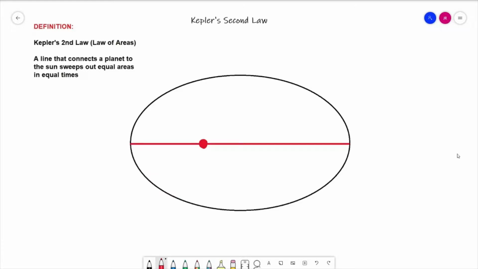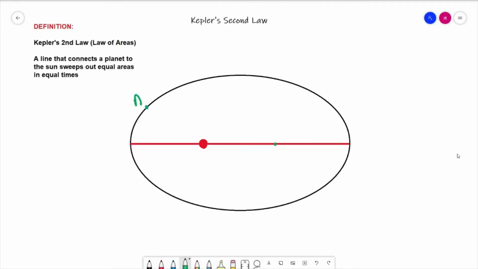So here now, just to bring the first law forward, here's our ellipse. I've only drawn the major axis in, but I've put the Sun at one focus. The other focal point would be probably about there, but we don't necessarily need to worry about that right now. So let's have a look at the second law. A line that connects the planet to the Sun. Well, let's draw over here a couple of points.